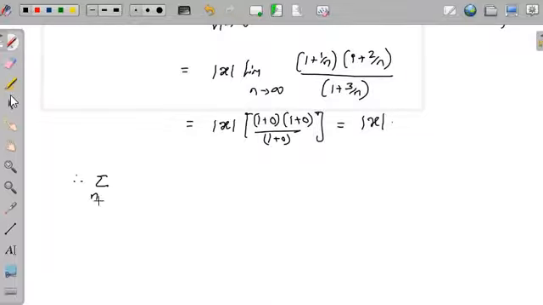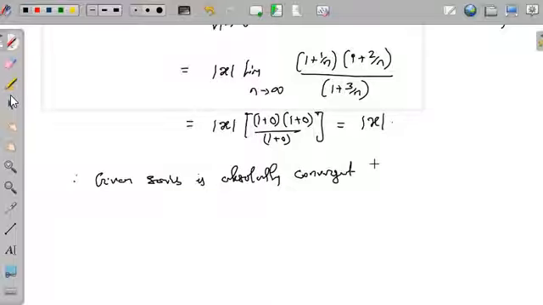Therefore the given series summation is absolutely convergent for mod x strictly less than 1, right? It means minus 1 is less than x is less than 1. The radius of convergence, you know, is 1.